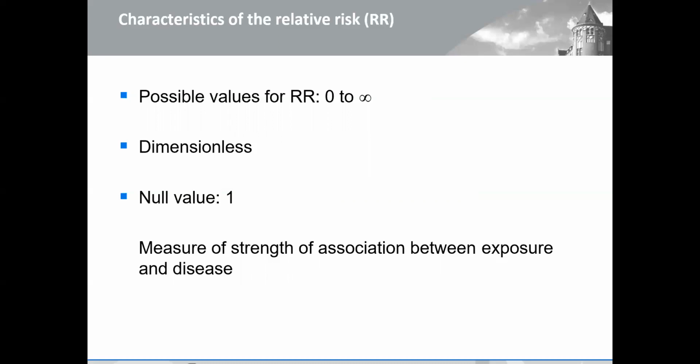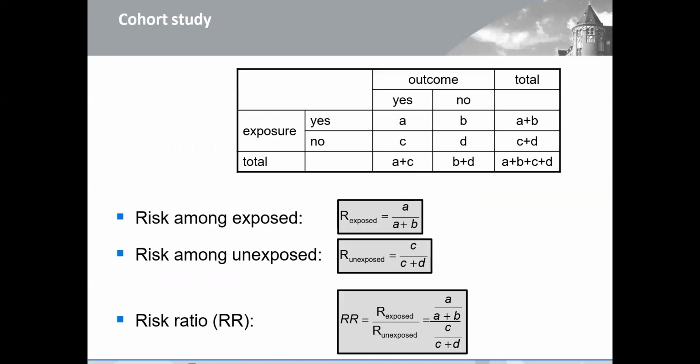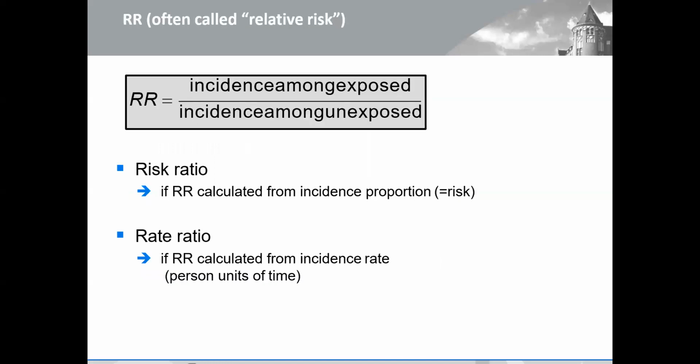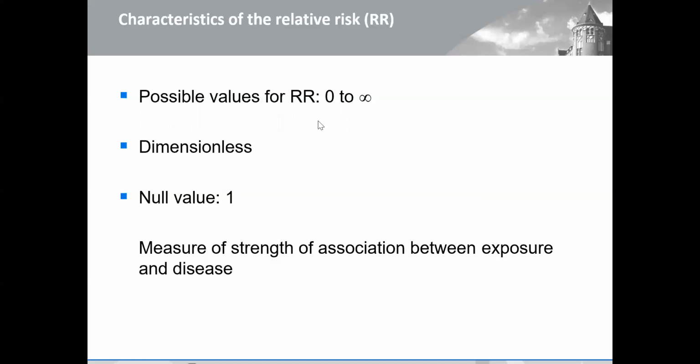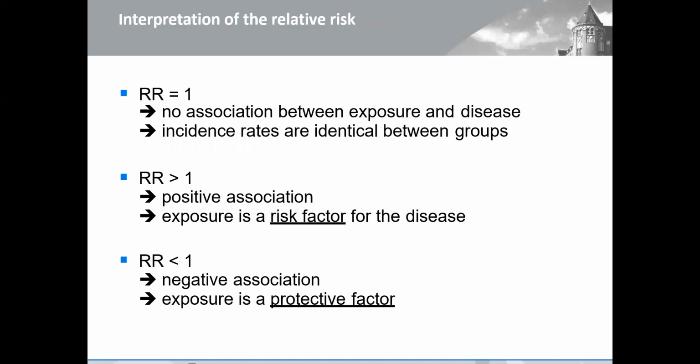You get a value of 1 if the incidence among the exposed is the same as the incidence among the unexposed. So in this case, if you get a null value, it means there is no association between those who are exposed and those who are not exposed. So it is a measure of strength of association between exposure and the disease.